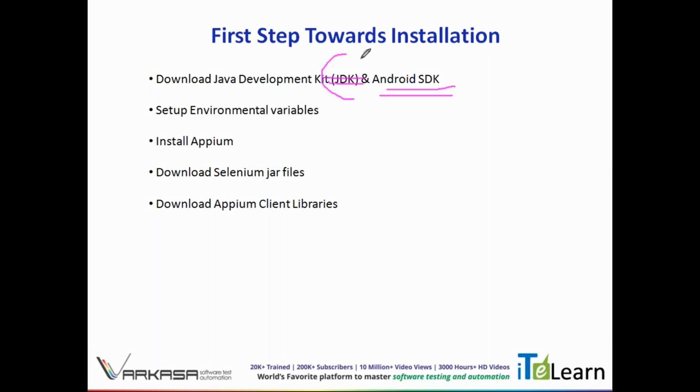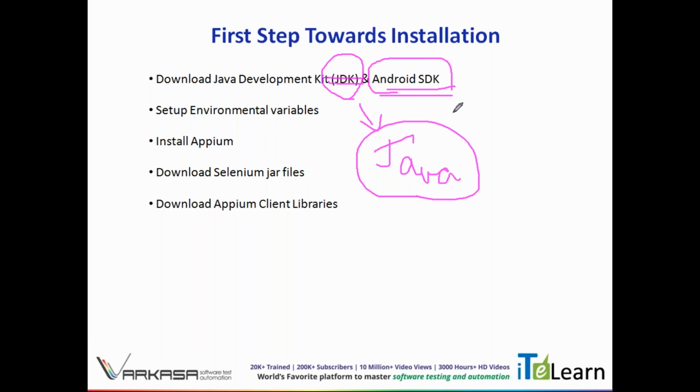The reason for having JDK is that you should have your Java environment set in your local machine, and only then you can write your scripts using this Java dependency. And then Android SDK is required for various other configurations when you are talking to your mobile device.